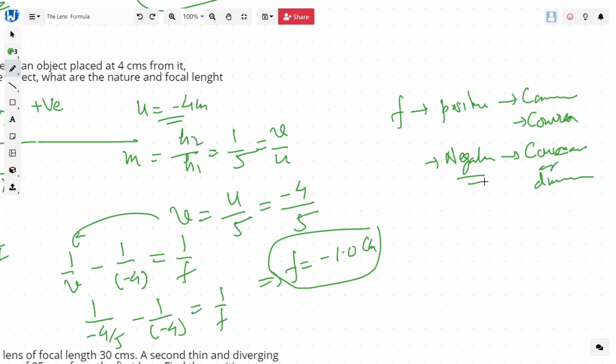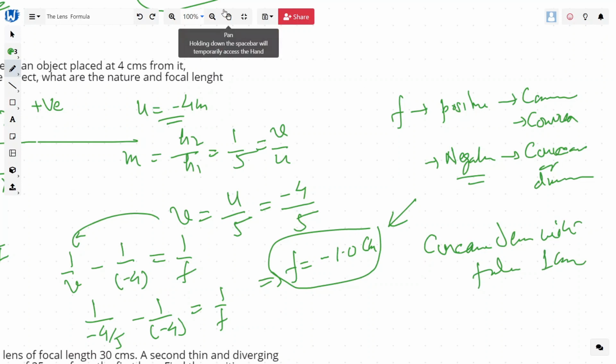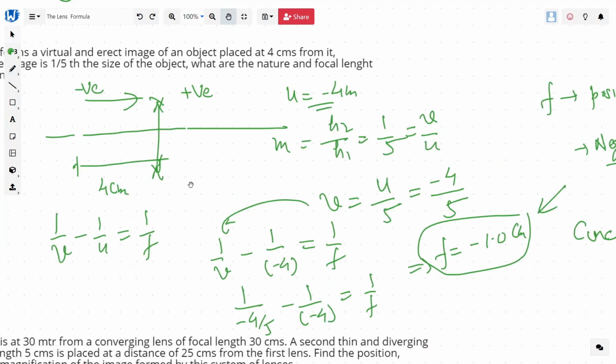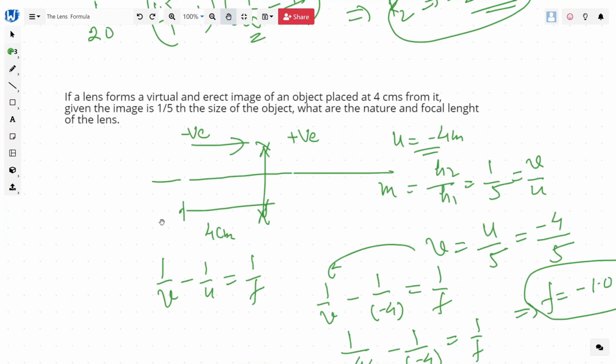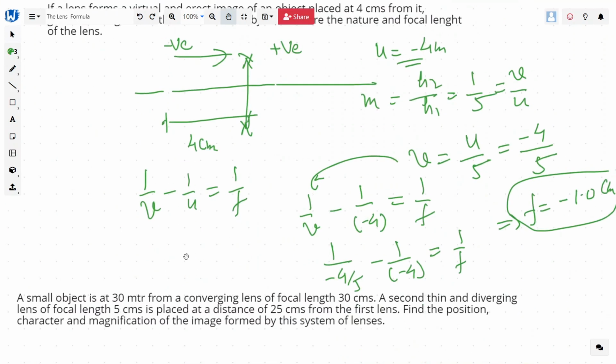Okay, so f is coming negative, so it's a concave lens with focal length 1 centimeter. Okay, so that is our answer, and that's what we wanted to find. So let's move to the next problem.